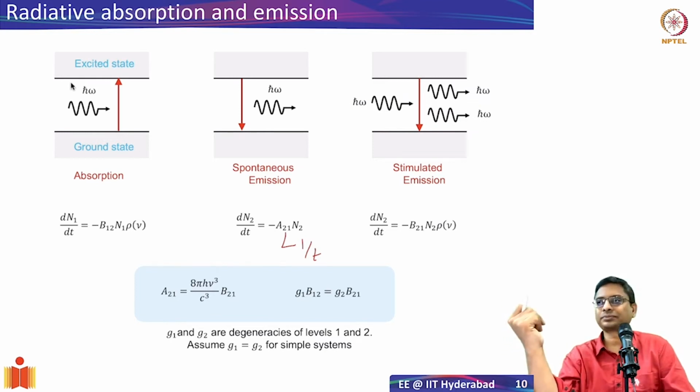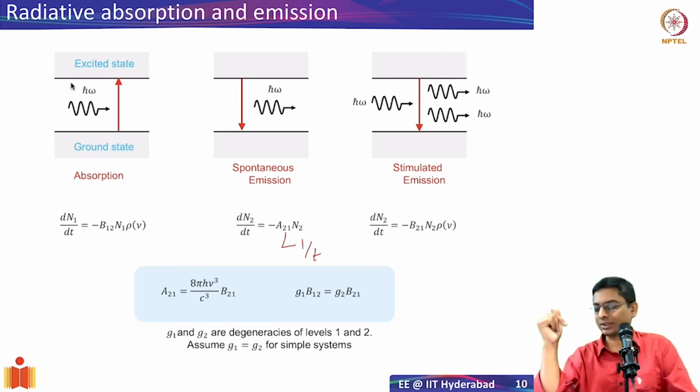The question was, you said the two photons in stimulated emission have the same phase and wavelength. Why is that happening? One way of thinking about it is this. Any time a photon is incident on a material, it excites an oscillator, a dipole.